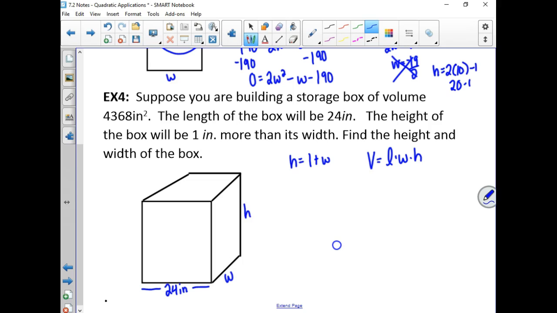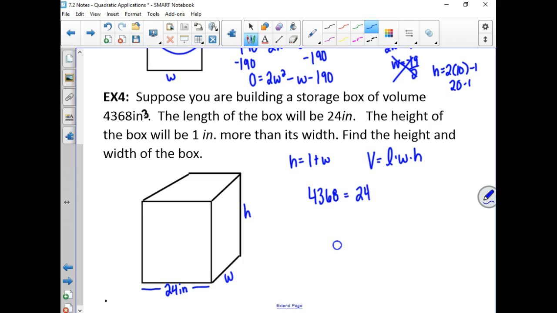I know that my volume for this problem is 4,368, that should say inches cubed right there, cubic inches. And I also know that my length is 24.